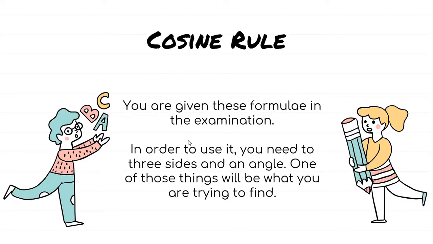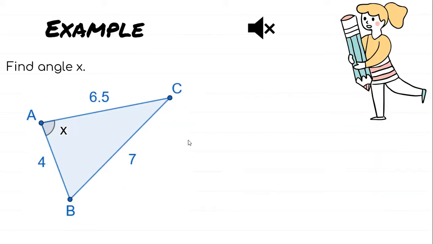Okay, so again, you're given it in the test, and what we're interested in are three sides and an angle. So here's an example. We've been given three sides, and we've been asked to find an angle. If you've been asked to find a side, you're going to refer to the previous video and use the first version of the formula, the one that starts a squared equals.